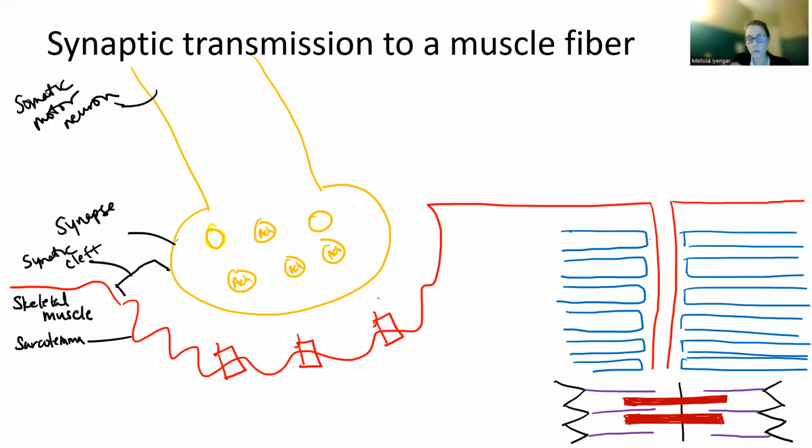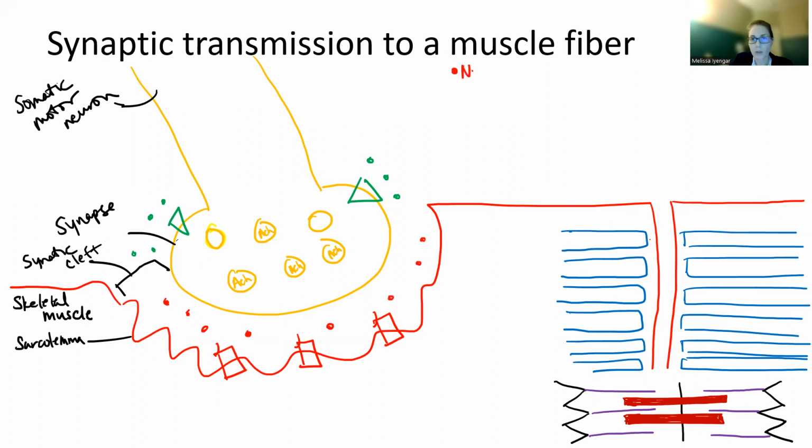So we're going to set all this stuff up. We have a sodium voltage gated channel on our synapse, and we're going to have more sodium on the outside of our neuron. We're also going to have sodium at a higher concentration outside of our muscle.